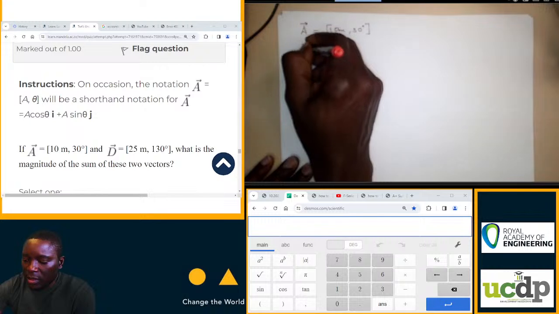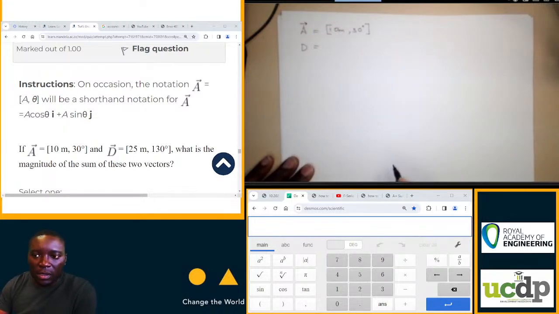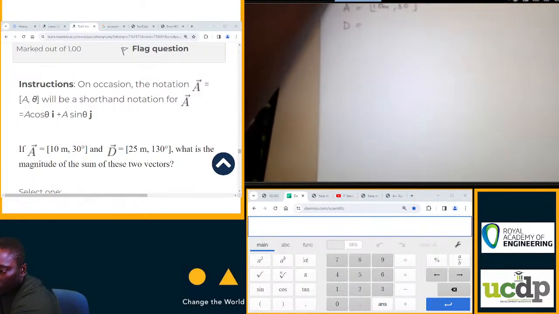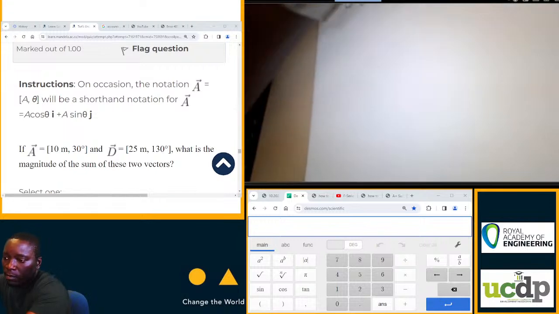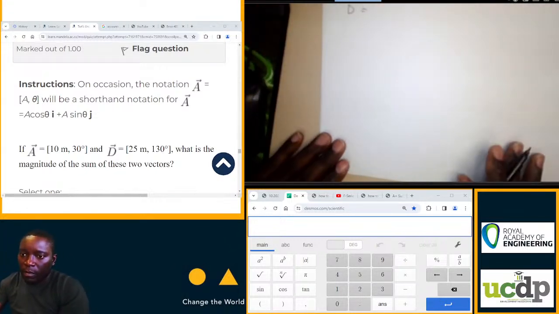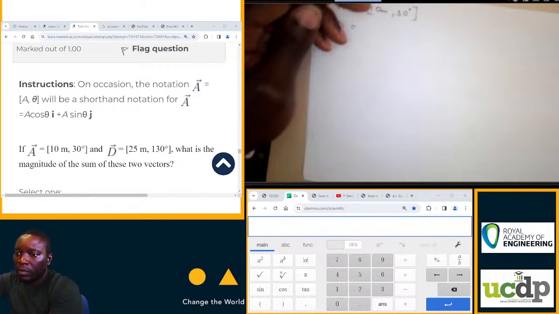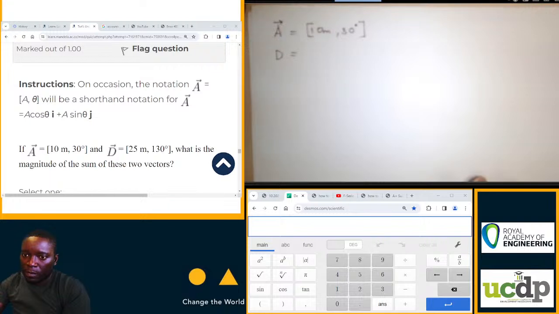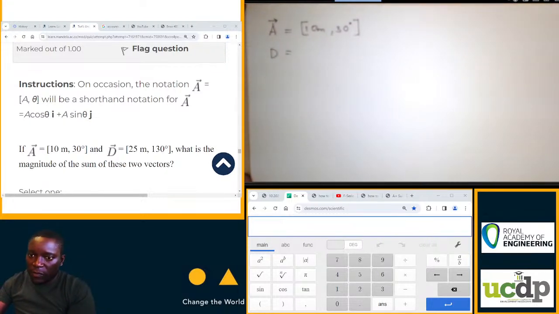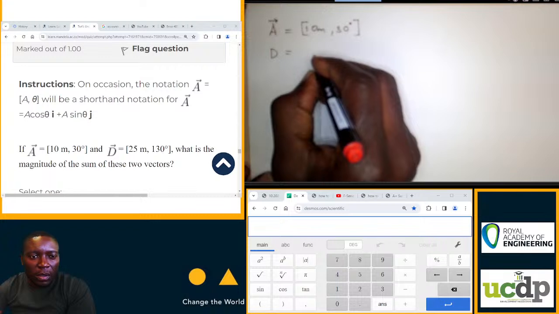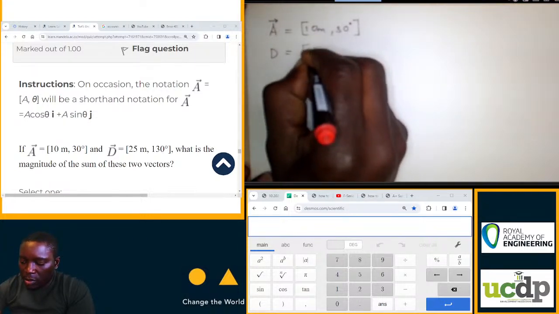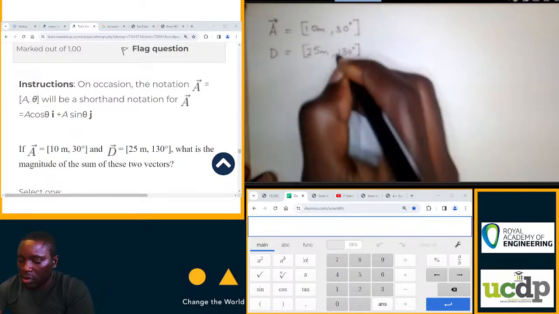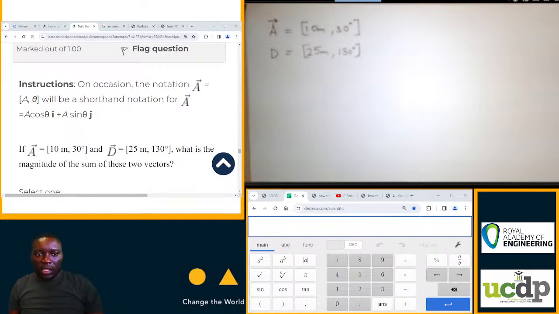And we also have another vector D, which has a magnitude of 25 meters at an angle of 130 degrees to the horizontal. So you can already see the picture there.